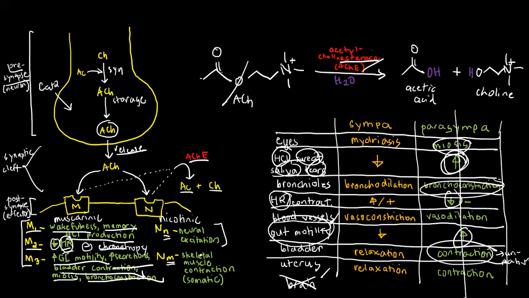So NM will cause skeletal muscle contraction upon its activation. Now, this is also quite weird because when you contract skeletal muscles, that's something that you can control. Your fingers, your arms, your legs, your facial muscles, your neck, everything else. So technically, that's not autonomic, right? Because autonomic means those are things that happen without your control.